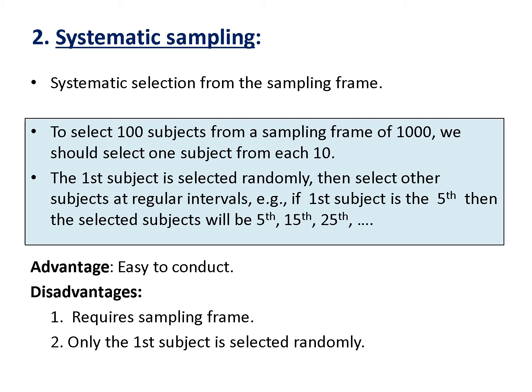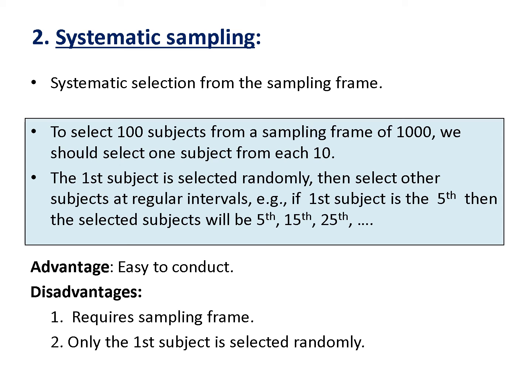For example, if we want to select 100 subjects from a sampling frame of 1000 study population, we should select one subject from each 10. The first subject is selected randomly, then we select other subjects at regular intervals. For example, if the first subject is the 5th one, then the selected subjects will be the 5th, 15th, 25th and so on.